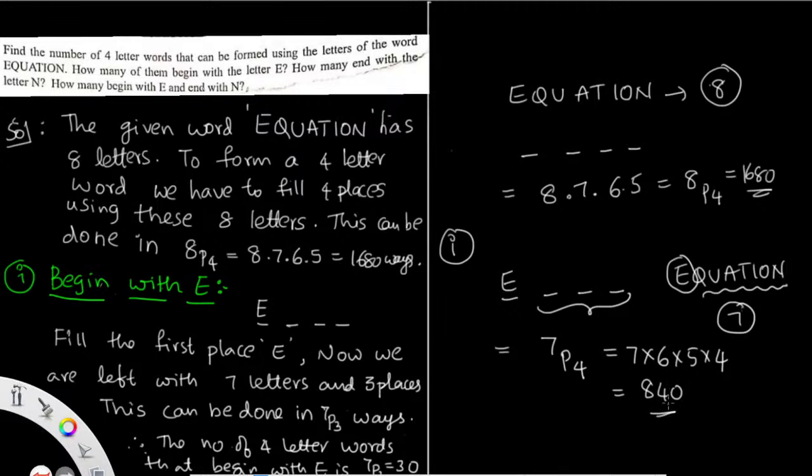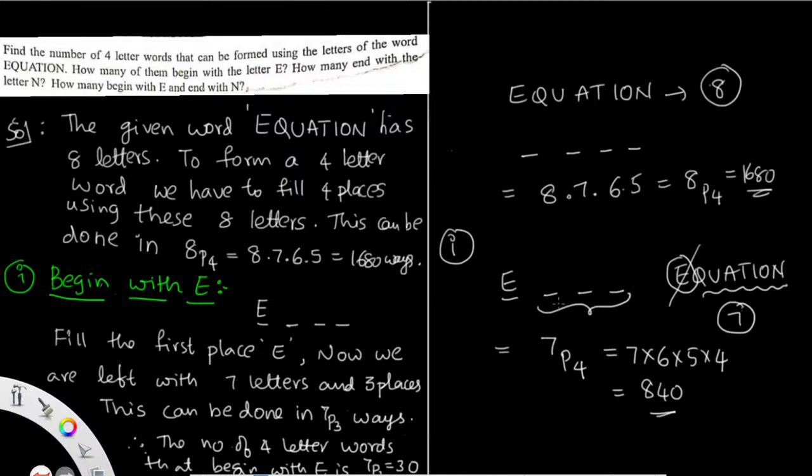So this is the question, first part, begin with E. Begin with E means fill the first place with E, and it will be over. Then the total remaining letters are 7, and there are 3 blank places.